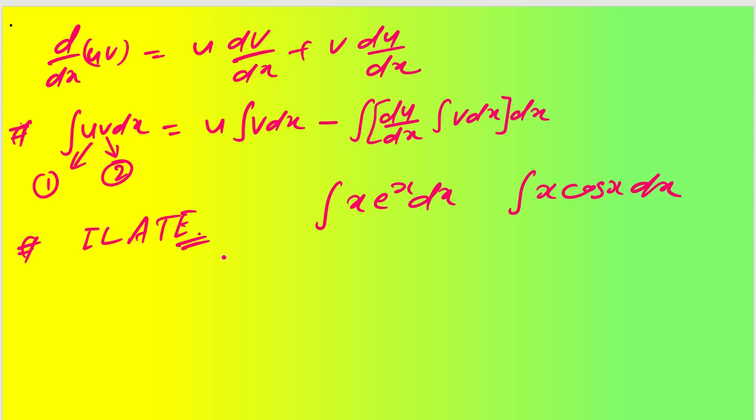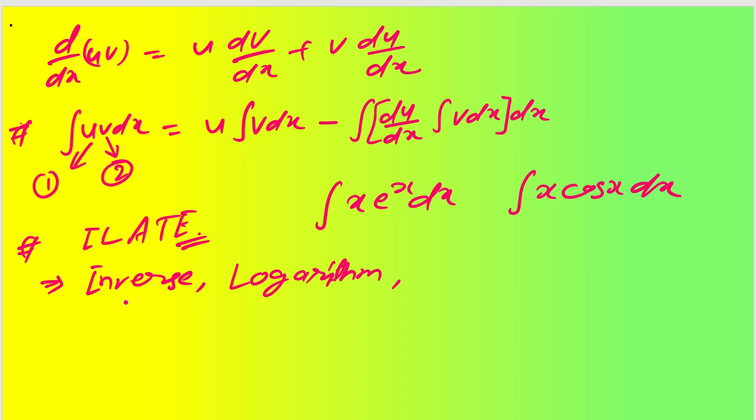The ILATE rule tells that the preference for the first function, or the u function, will be in this order. First of all it will be I, inverse, like tan inverse, sin inverse, cos inverse. Then L is the logarithmic function.